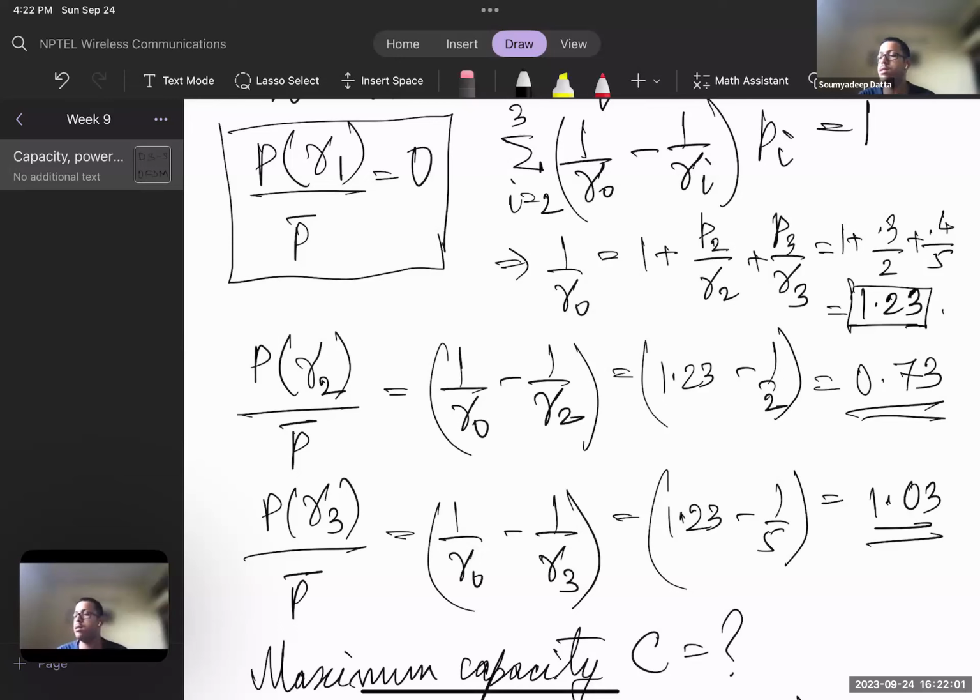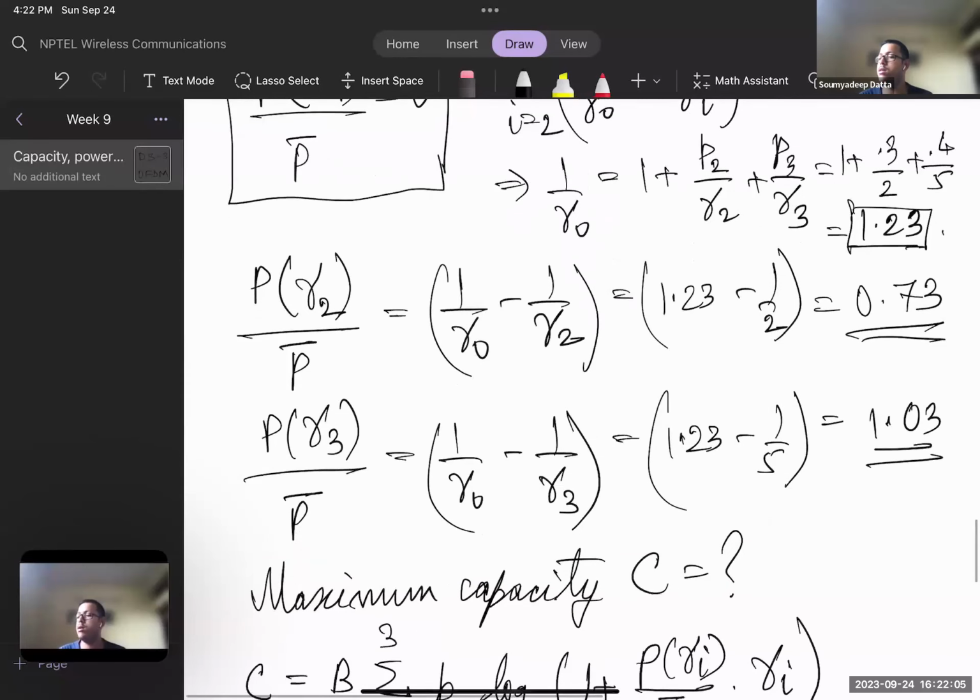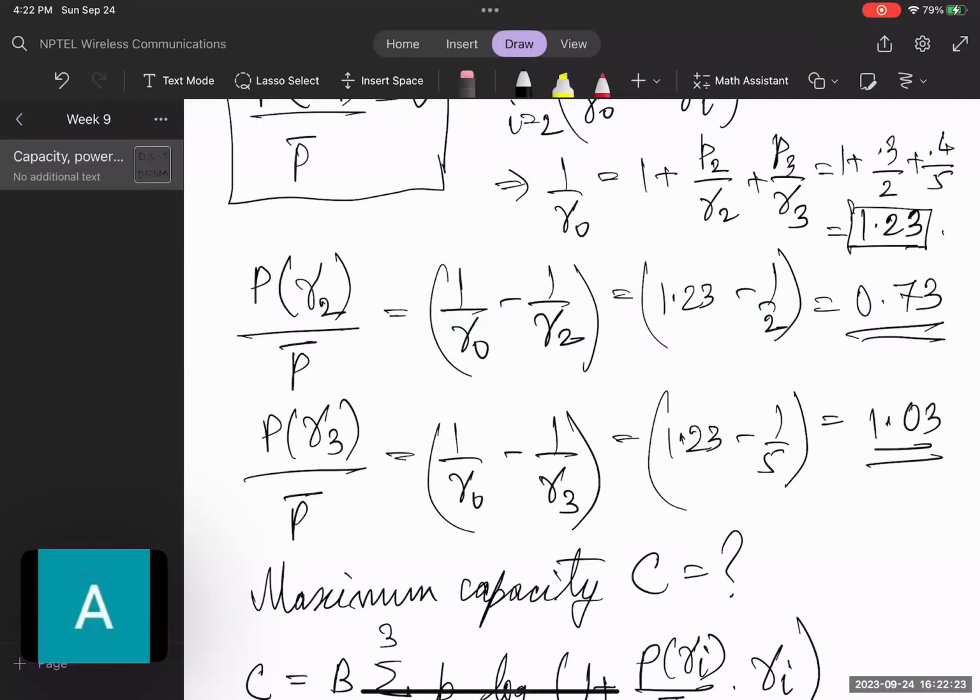If the channel is now in state gamma 2, I'll allocate 0.73 power. If the channel is now in state gamma 3, I'll allocate 1.03 power. Only if you know that can you do water filling. If you don't know, you cannot do much. Okay, sir.